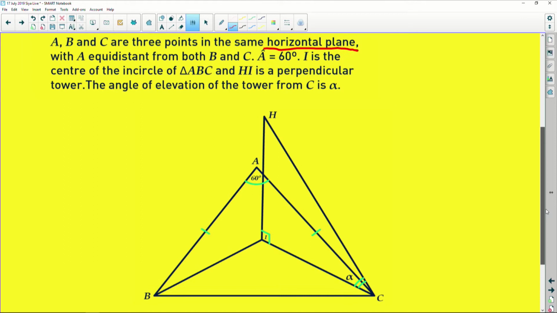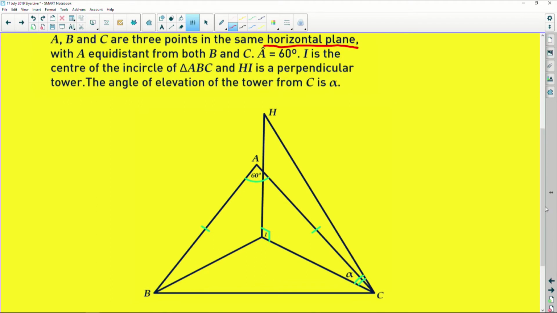And then I have I is the center of the incircle. Now, the other important thing will be the incircle. What you guys need to know about an incircle is that the incircle is drawn, the center, which is I in this instance, from the lines which are bisecting the angles of the triangle.